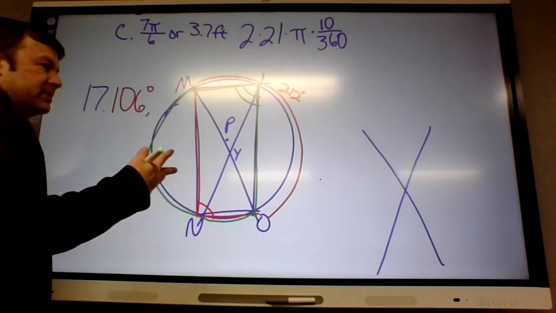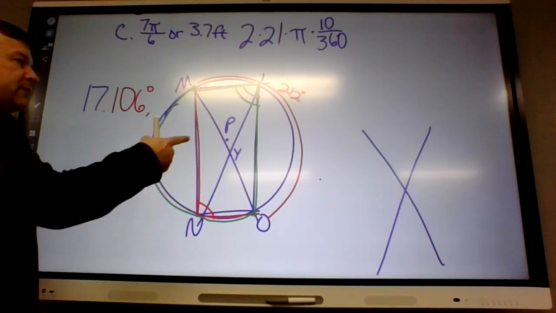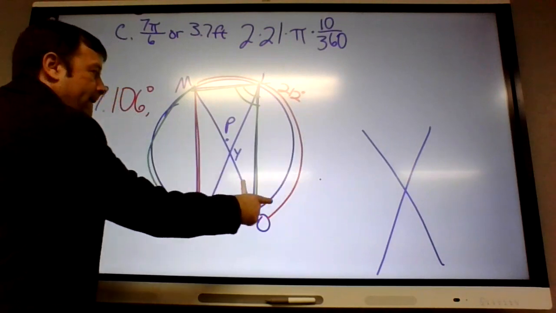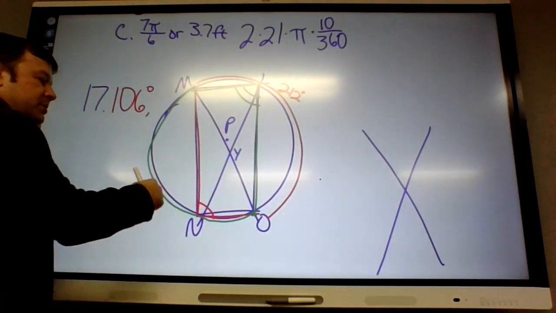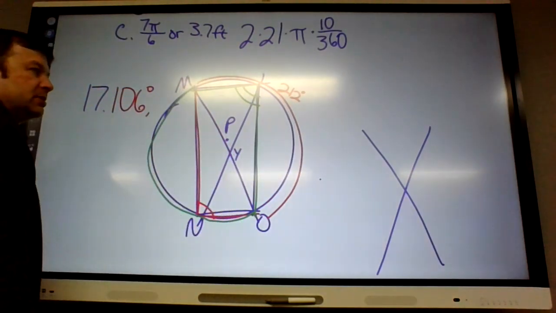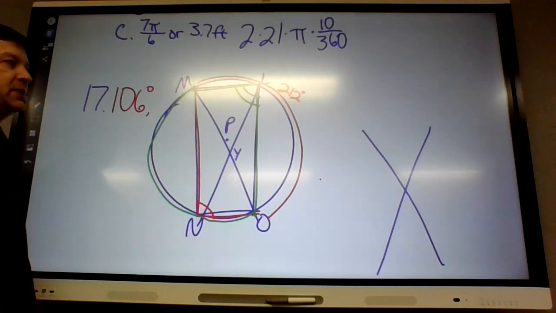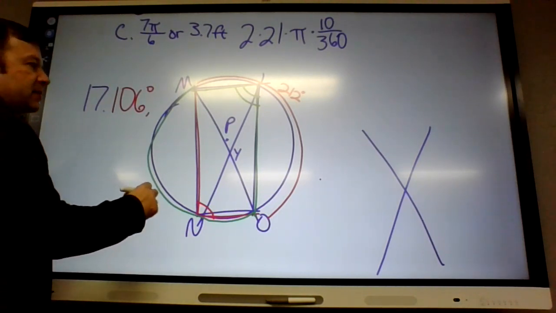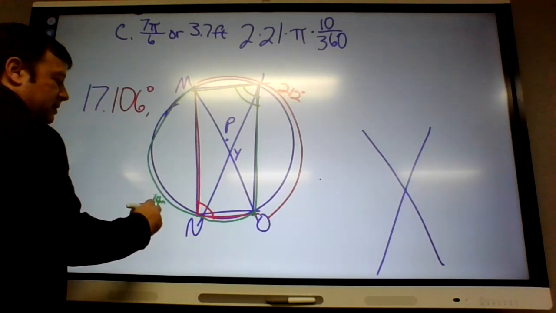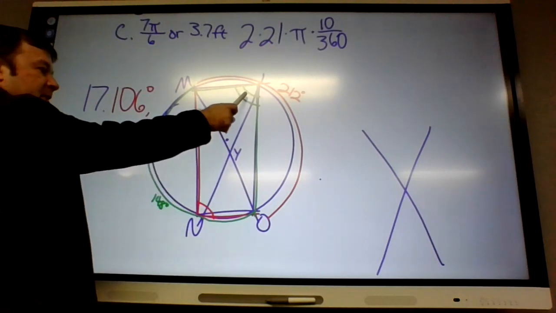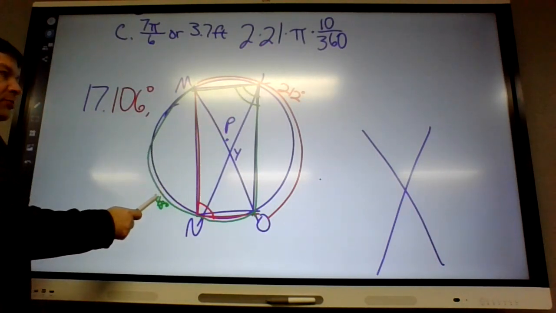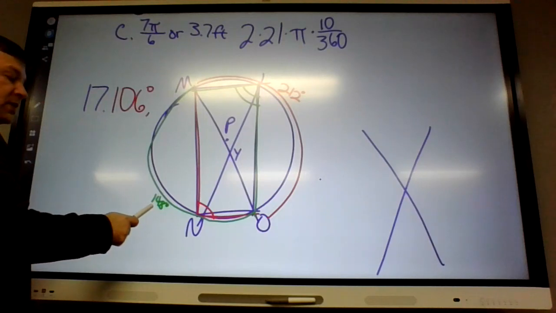A couple ways you could think about it. If this is 212, how would I find this green arc? 360 minus 212, so that would be 148. And this inscribed angle opposite of this arc would have to be half of that, 148 divided by 2.